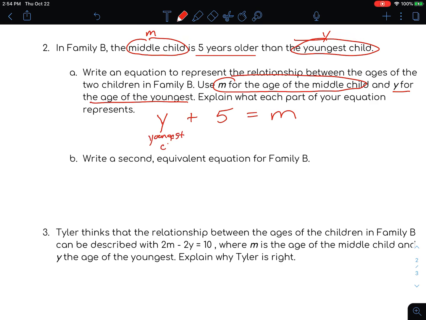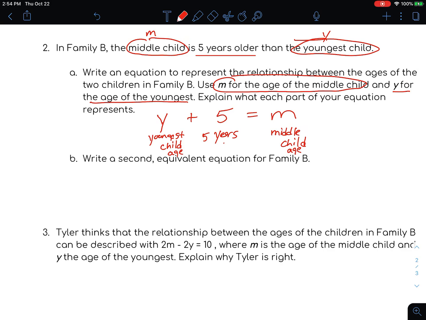So youngest child plus 5 years is equal to the middle child. I'm using m for the middle child and y for the age of the youngest. Maybe I could say youngest child age and middle child age.